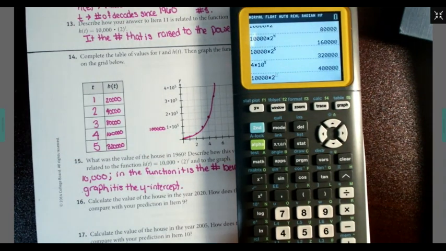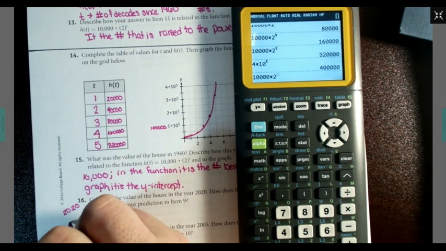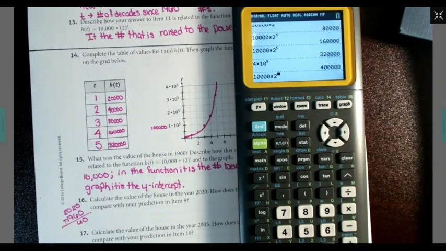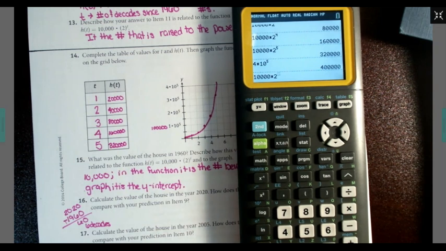Now, 2020 minus 1960 is 60 years. And 60 years is the same thing as 6 decades. And remember that t represented decades. So this is going to be 6.